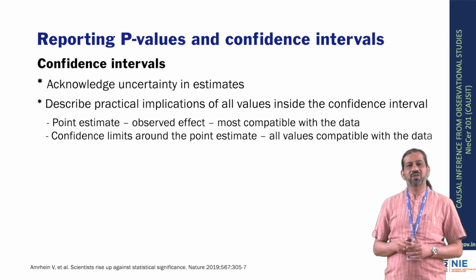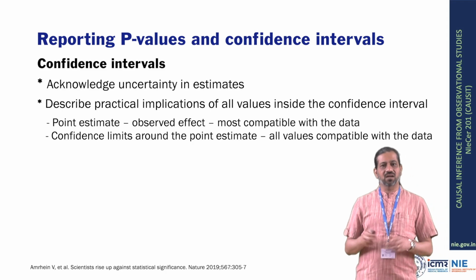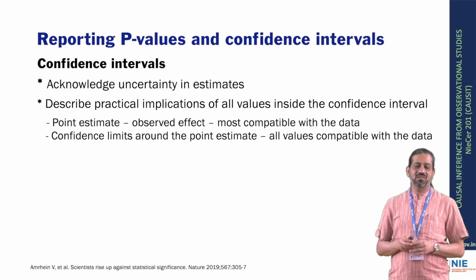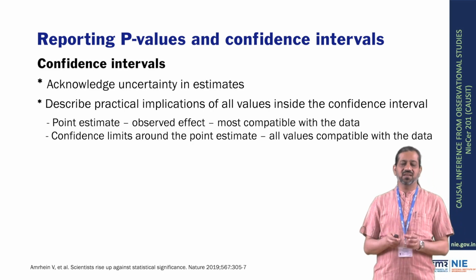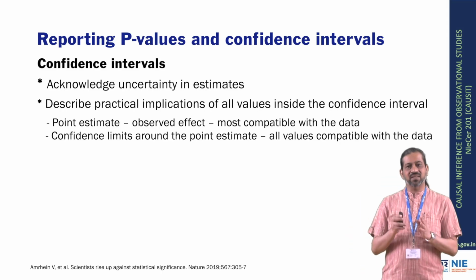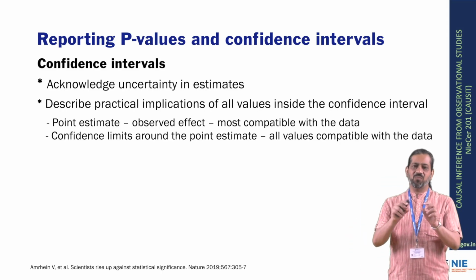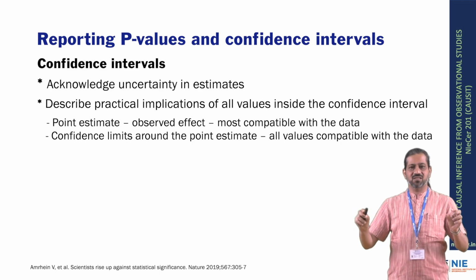Yes, we need to report confidence intervals along with the point estimate, because by putting confidence intervals, we acknowledge that we have a certain uncertainty in our point estimate. You have a point estimate and possible values of the estimate, which are shown through this range of confidence limits.